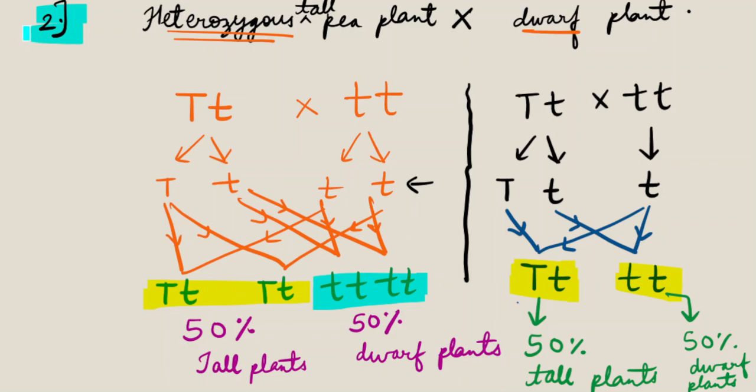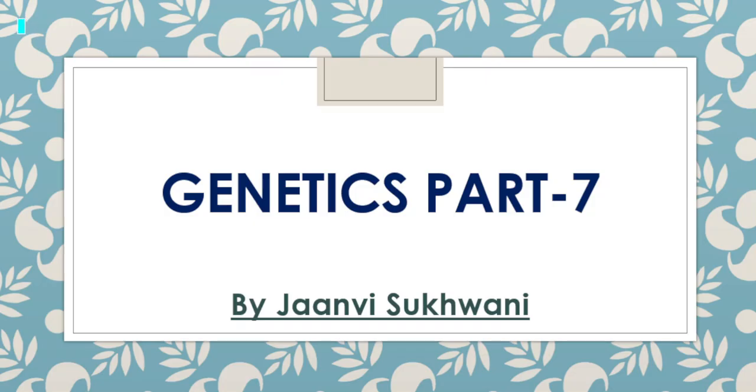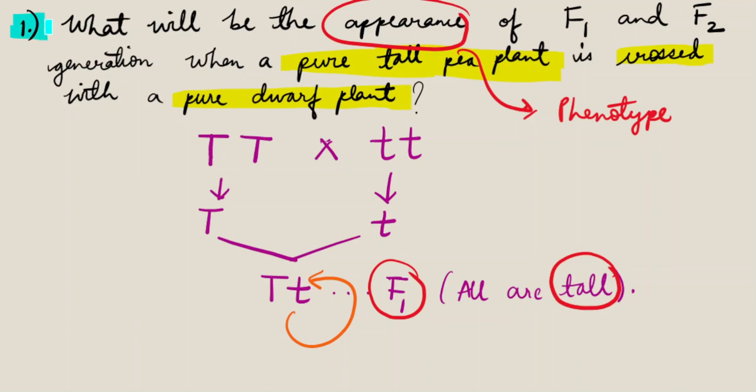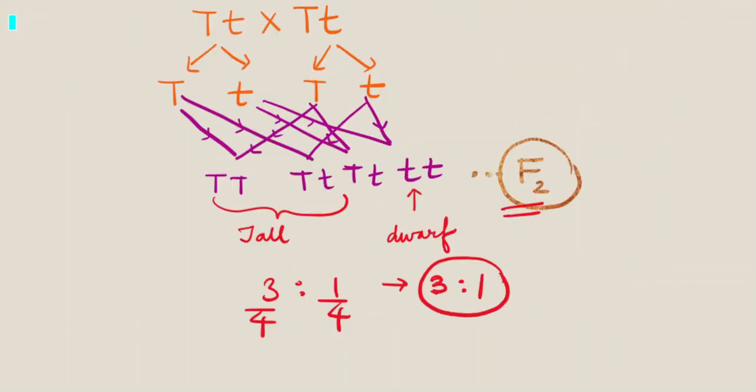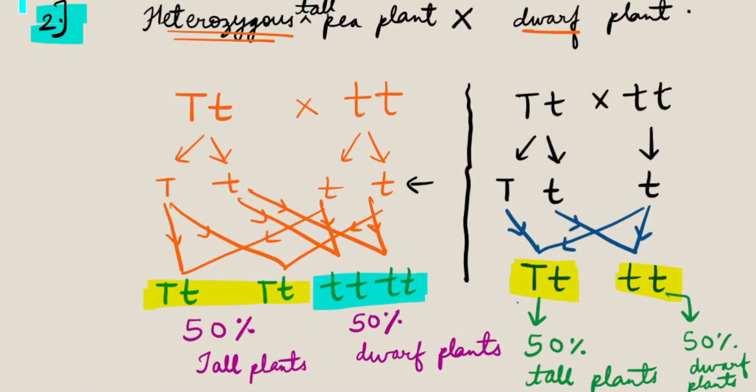I hope you understood this question. These are very simple questions which I had taken. This is question number 1, then I took question number 2. If you understood till here, then we can move forward.